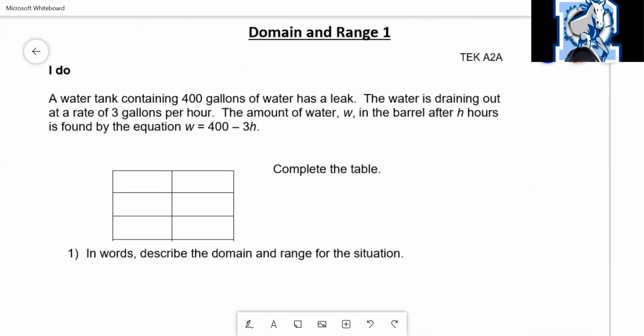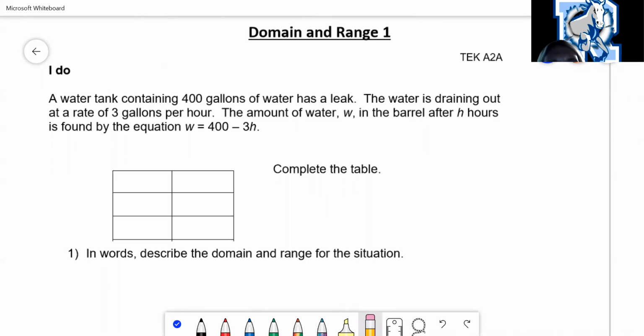This says a water tank containing 400 gallons of water has a leak, and the water is draining out at a rate of 3 gallons per hour. The amount of water W in the barrel after H hours is found by the equation W equals 400 minus 3H. It wants you to complete the table. Well, one thing I like to do is rewrite it with y equals, so I have y equals 400 minus 3x.